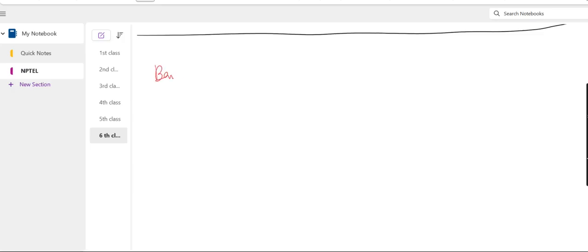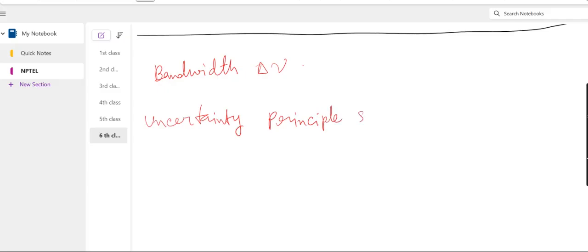So the bandwidth is delta nu, and there is an uncertainty principle stating that delta t into delta nu is almost equal to half.